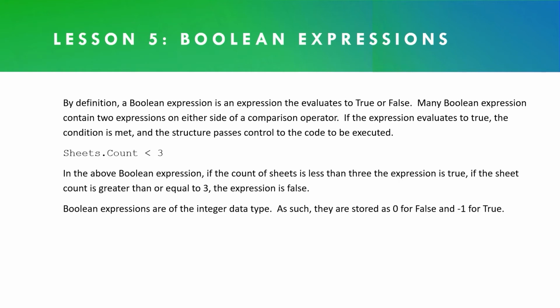We have an example here, Sheets.Count less than 3. If the count of sheets in the workbook is less than 3, the expression is true. If the sheet count is greater than or equal to 3, the expression is false. Boolean expressions are of the integer data type, so they're stored as 0 for false and -1 for true.